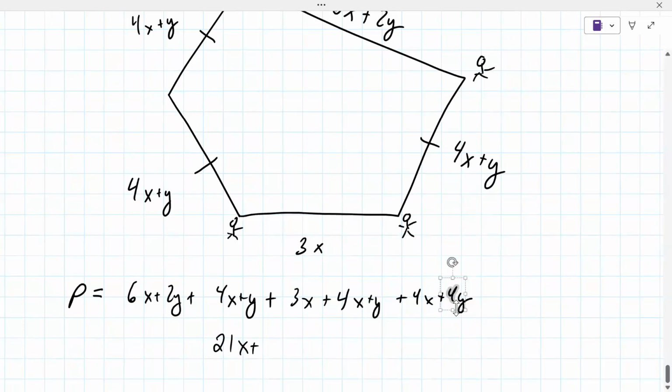Actually, I put an extra y in here that I didn't mean to. So it's 2y plus y plus y plus y. What does that add up to? 5y.